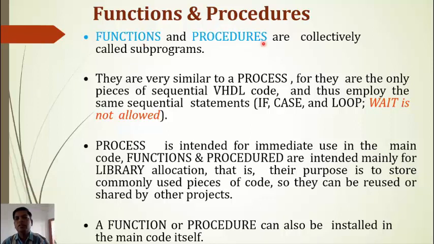They are very similar to a process, for they are the only pieces of sequential VHDL code and thus employ the same sequential statements: if, case, and loop. Wait is not allowed. Process is intended for immediate use in the main code.